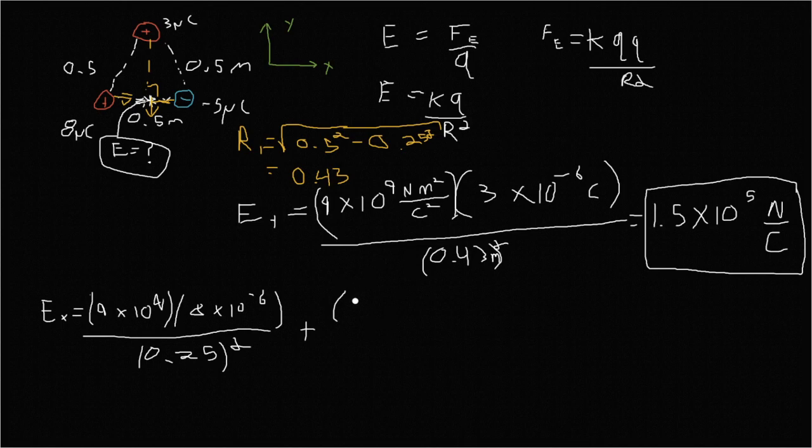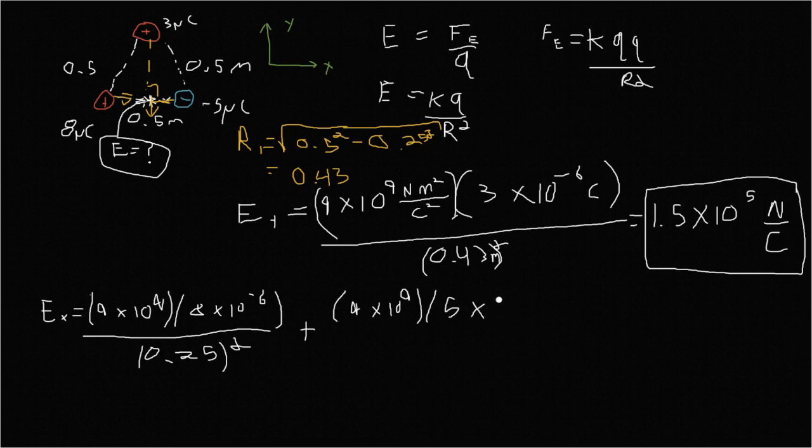So 9 times 10 to the 9th times, and because we know the direction is positive in the end, going toward the negative charge, we can just leave the negative off of it.